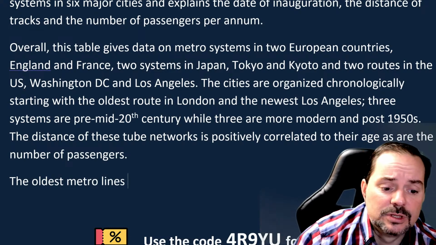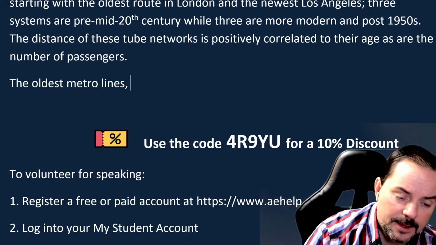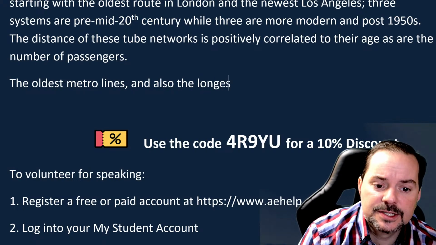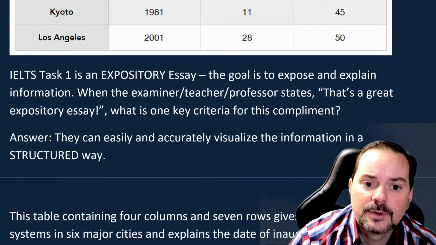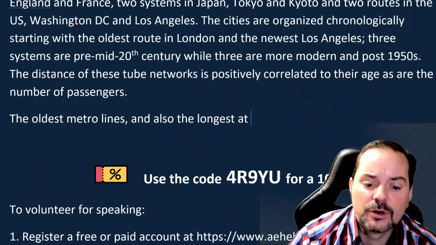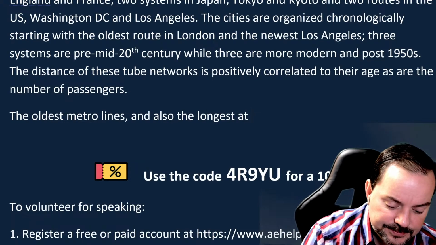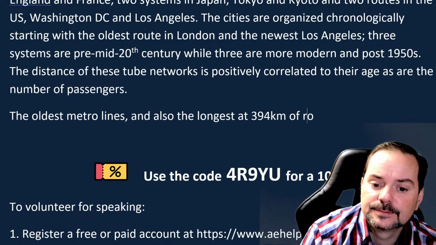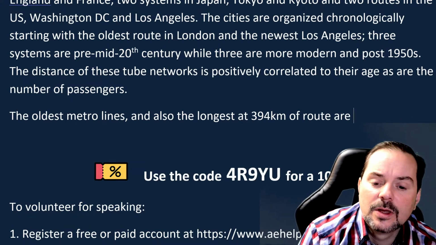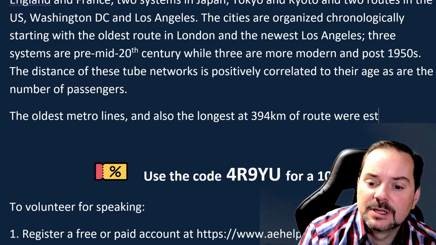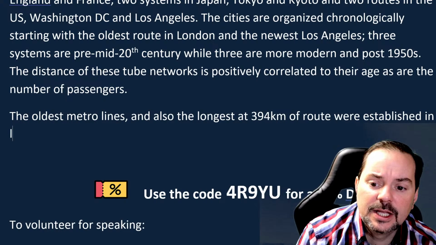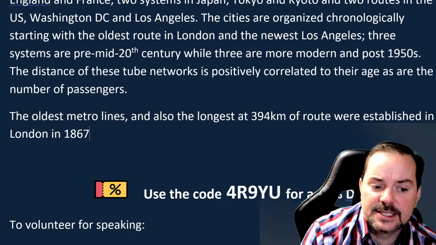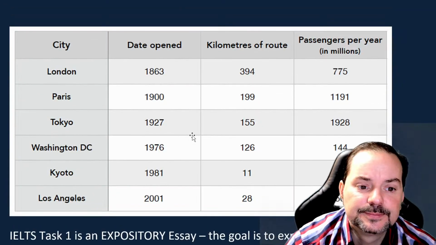The oldest metro lines, and also the longest at 394 kilometers of route, were established in London in 1867, I believe it was.